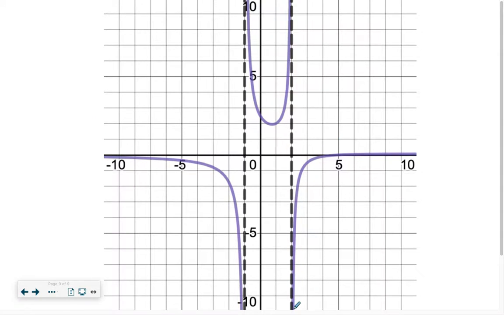Then this piece over here, all the way up until we cross the x-axis at that point, and we go positive. So I want this entire piece, can't really stay on the line there, and this piece right here up to 5. Right? Those are the places where this graph is less than 0.